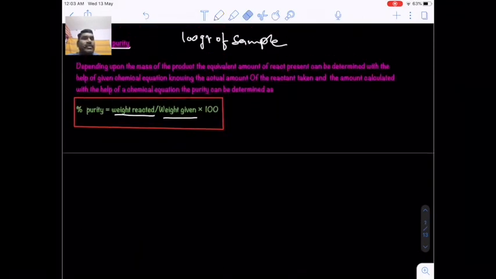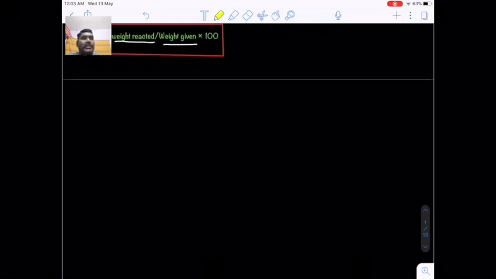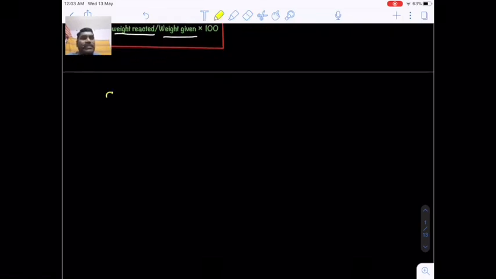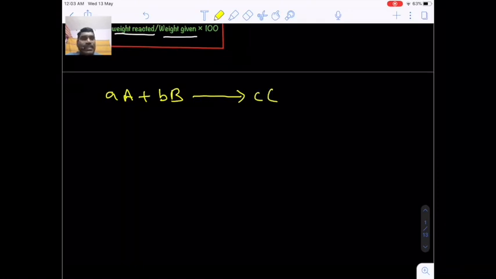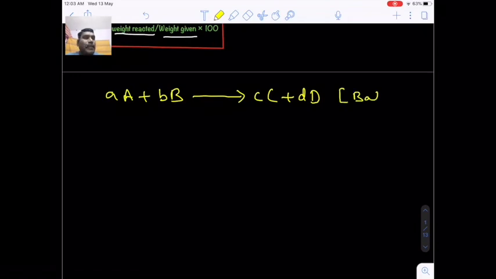Now let's suppose I am writing a general equation: small a moles of capital A, small b moles of capital B, reacting to give small c moles of capital C and small d moles of capital D. Assume this is a balanced equation. Remember, it must be balanced.